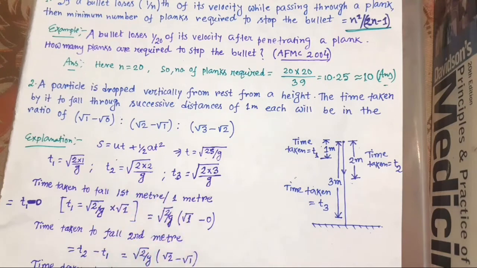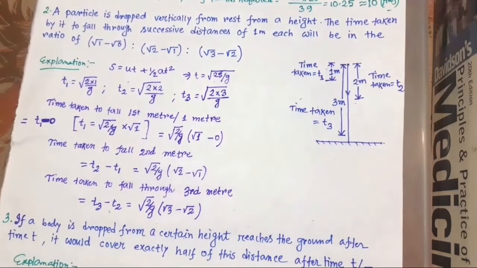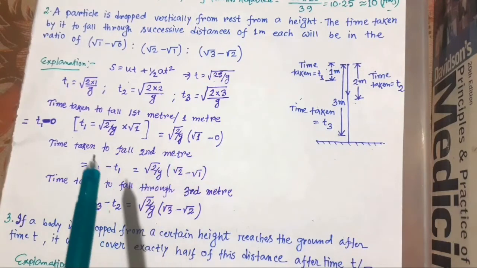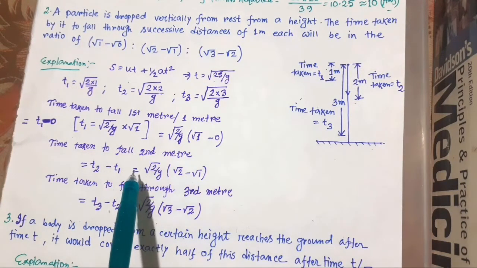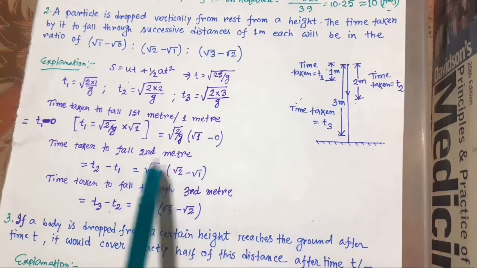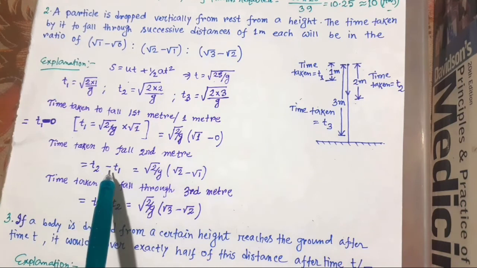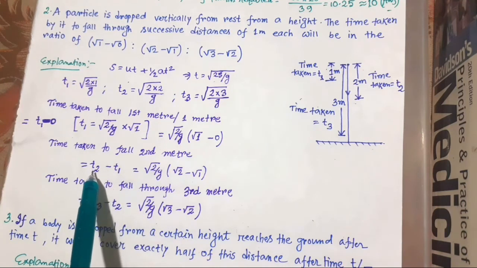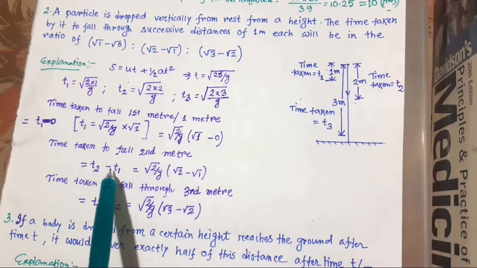Now the time taken to fall the second meter is t2 minus t1. That is not the total 2 meter, that is the second meter. So that is t2 minus t1: the time taken to fall through a total of 2 meter distance minus the time taken to fall through 1 meter distance.